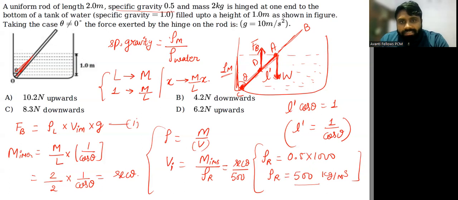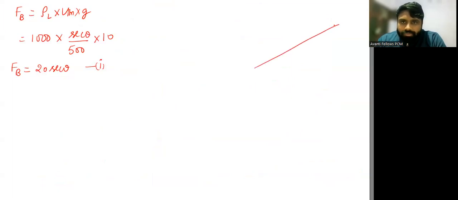FB will be acting at a distance of, we will take the perpendicular distance. So we have to take L dash sine theta. This perpendicular distance is L dash sine theta on which FB is acting. And W is acting on this. You can take L dash cos theta, L dash by 2 in the case of buoyant. I will discuss it on the so here is the rod.